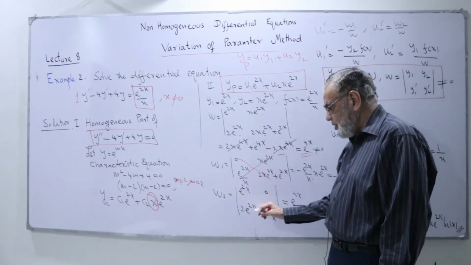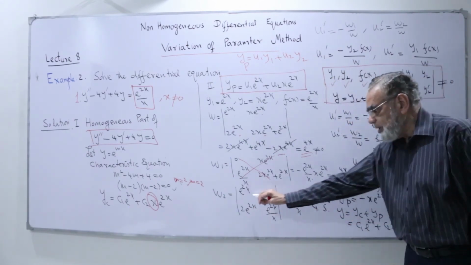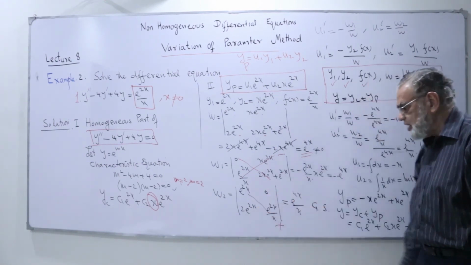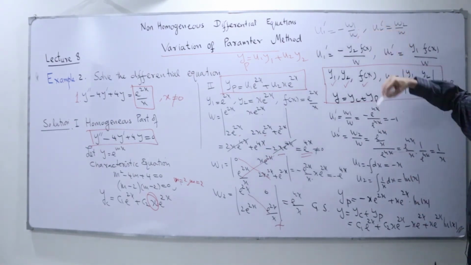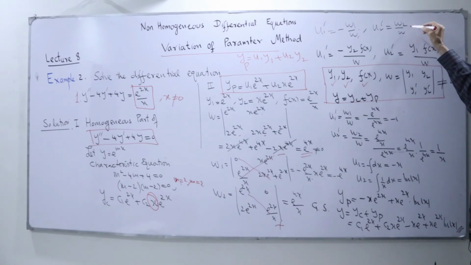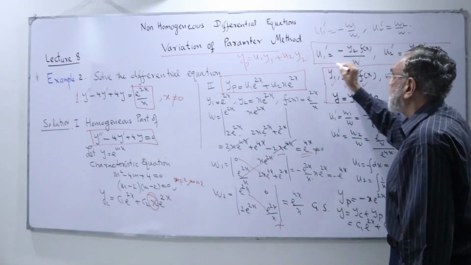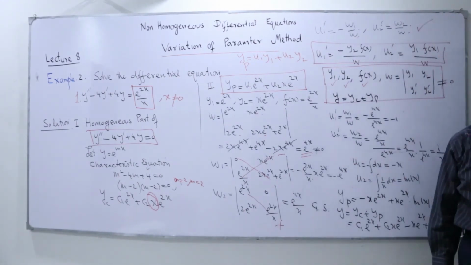W2, this is y1, y1 dash, this is 0, f of x, simplify this one, we get here multiplying this one with plus sign, that's e to power 4x over x, and this is giving me 0. Now we can have here u1, that's u1 is W1 over W, u2 is W2 over W. We can solve with the help of this one, as I did in example 1, or with the help of this one, as I'm doing in this example.